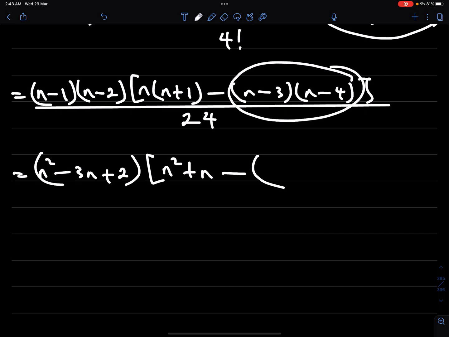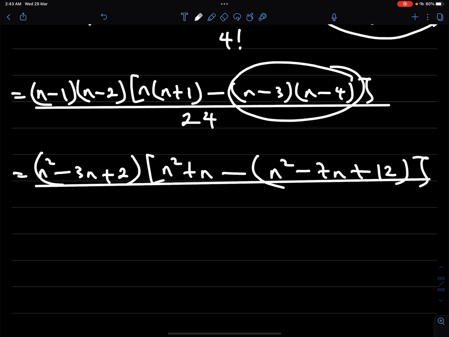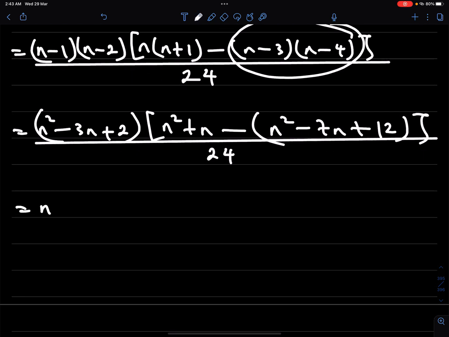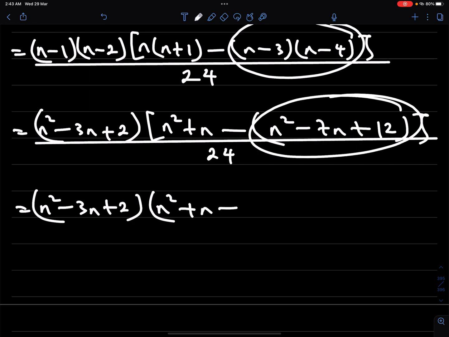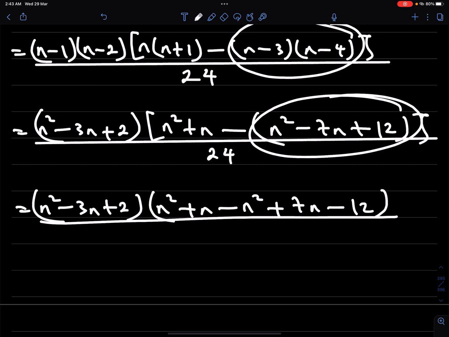When you multiply n minus 3 by n minus 4, you are going to get n squared minus 7n plus 12, all over 24. You must be careful here to make sure that you put n squared minus 7n plus 12 in brackets, and that's the same as n squared minus 3n plus 2 times, I'm opening the brackets now, n squared plus n, minus n squared plus 7n minus 12, all over 24.